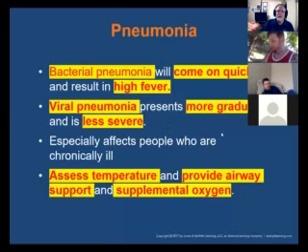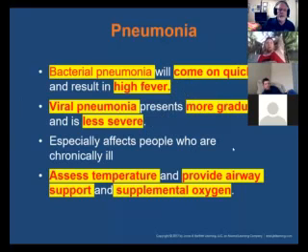Viral pneumonia comes on more gradually, and it is less severe. If you have it, you feel like you're going to die, you feel horrible, but as far as patient assessment, viral pneumonia patients don't experience the degree of profound respiratory distress that goes with bacterial pneumonia.